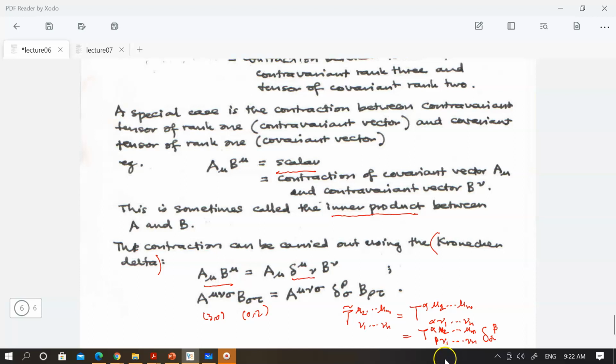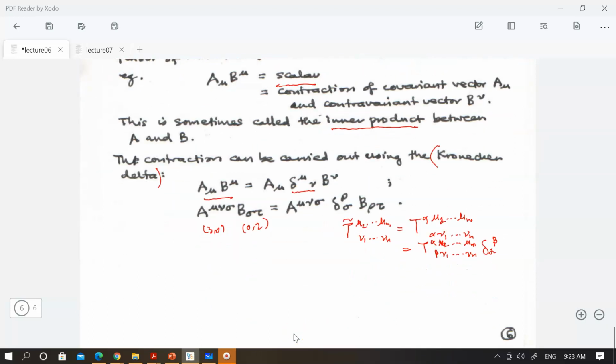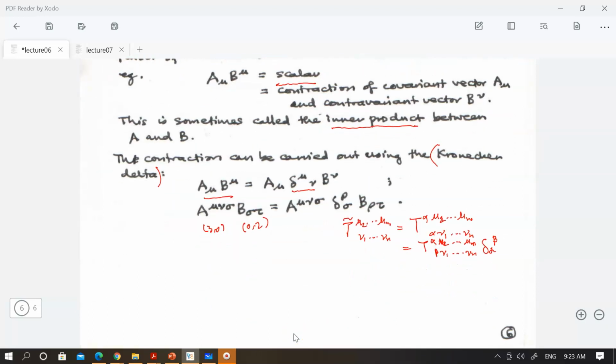So in other words, contraction can be demonstrated using this Kronecker delta. Oh, there is enough space. Never mind, let me go down. That's the end of this particular lecture.